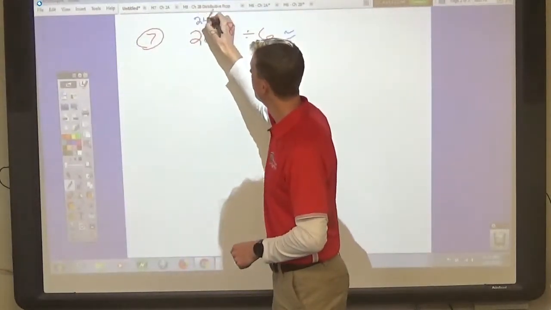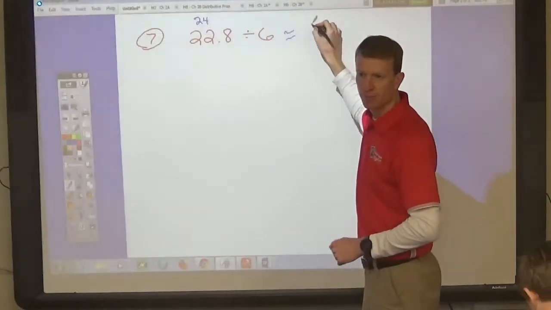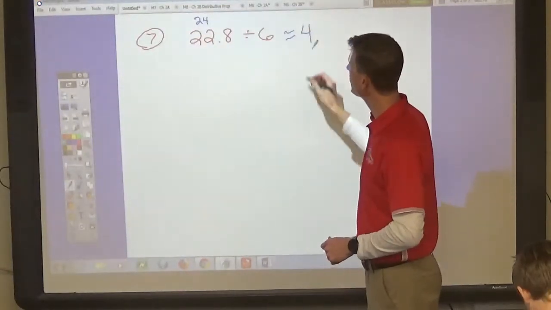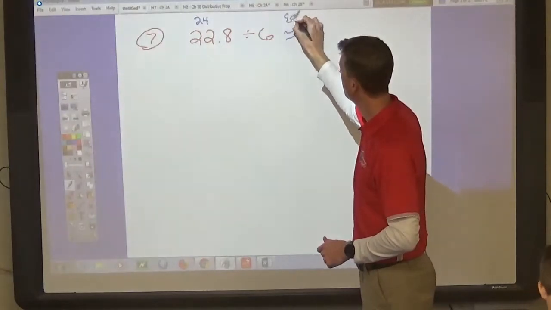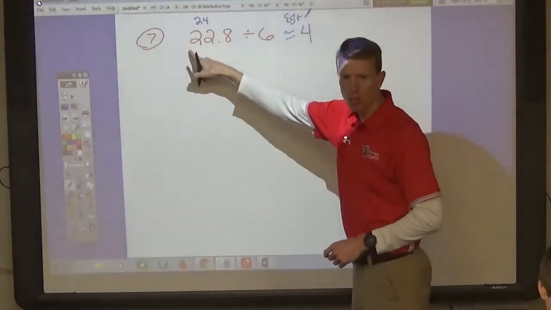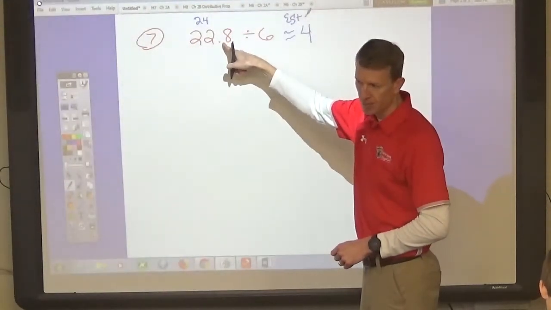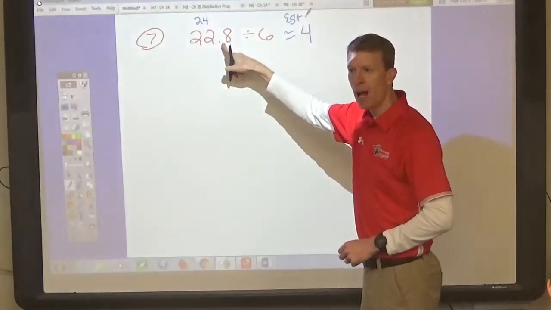So if this was 24, 6 would go into 24 how many times? 4 times. So that's how you're going to estimate. Think about how many times the divisor would go into a number that's close to the dividend. Okay? That's called finding a compatible number.